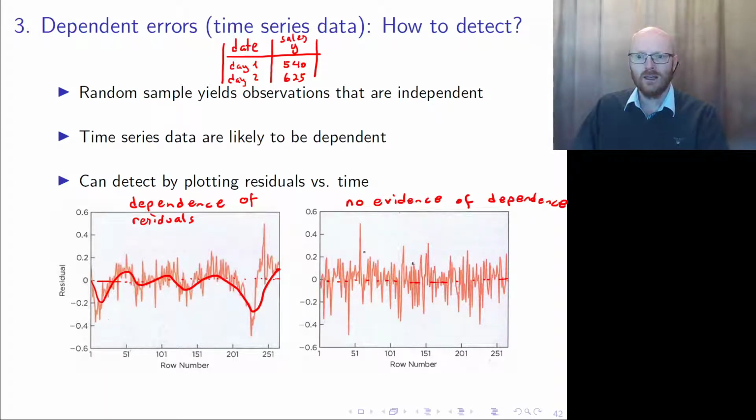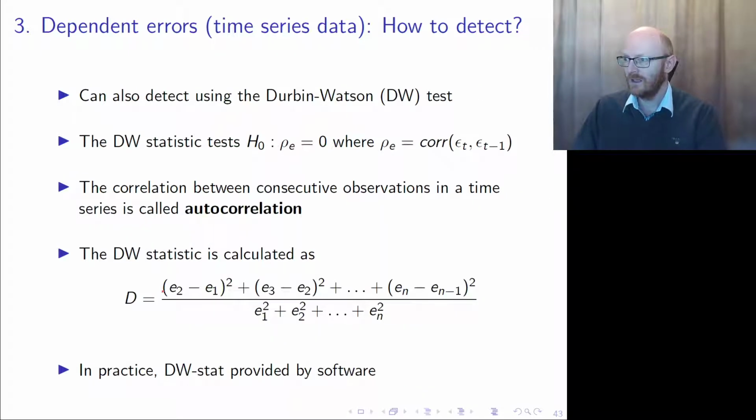Here you probably should have time, maybe the number of hours or minutes or days or weeks or years, maybe a long time series. So this is one way of detecting that there might be a problem of dependent residuals, and we can also use an econometric method.